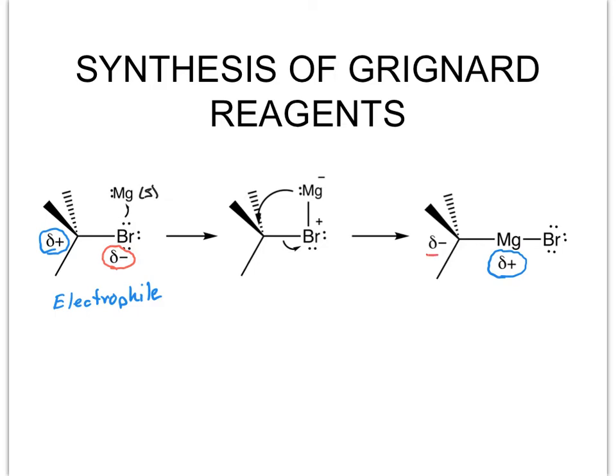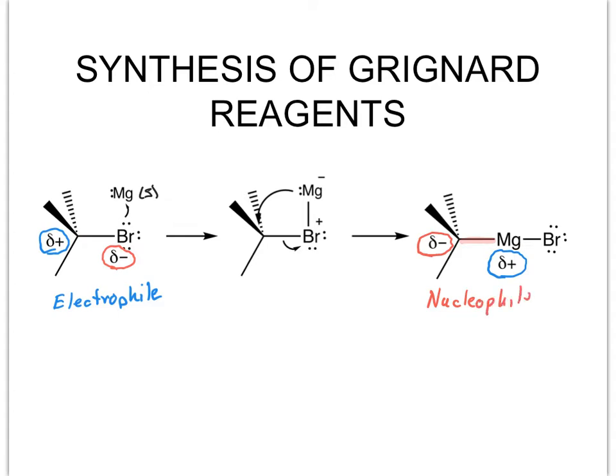The carbon becomes the electronegative thing, which means now we've got a situation where carbon has control of these electrons in this bond, and that means carbon can now act as a nucleophile.